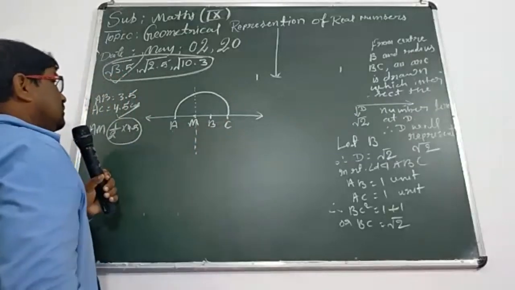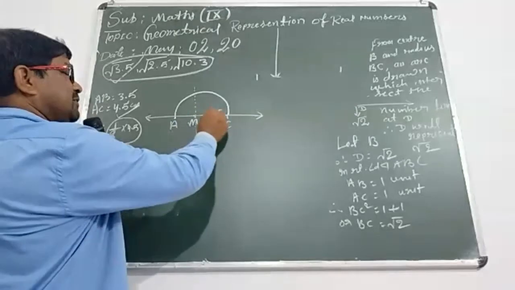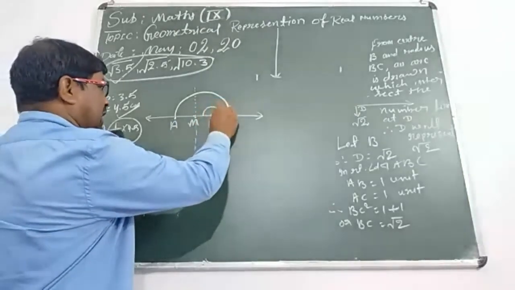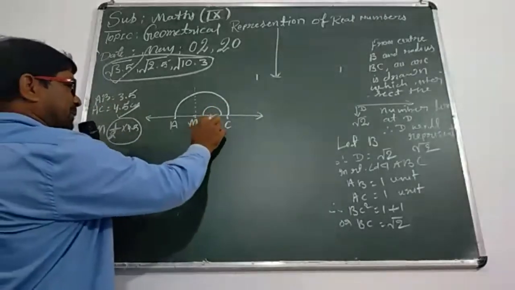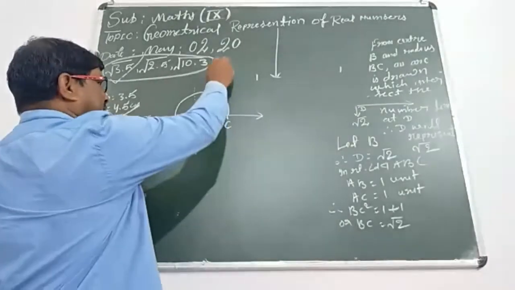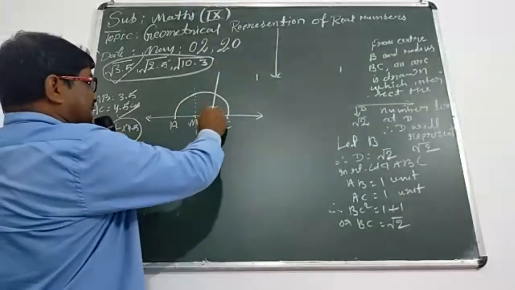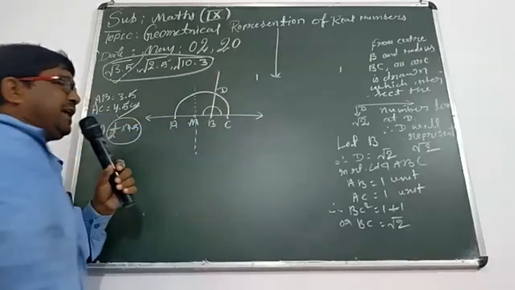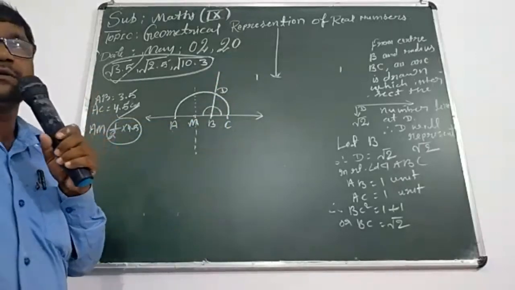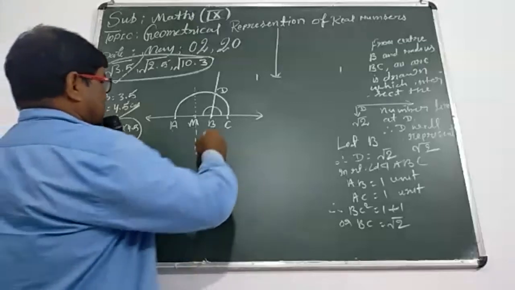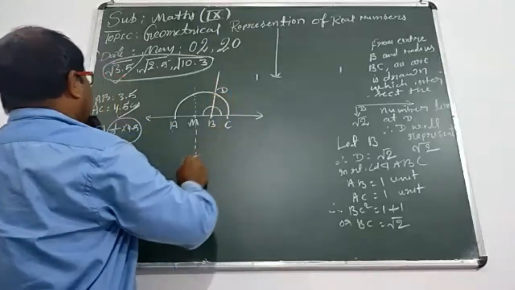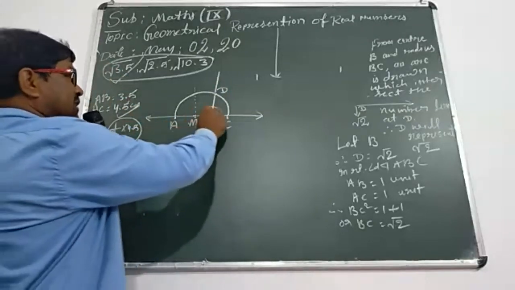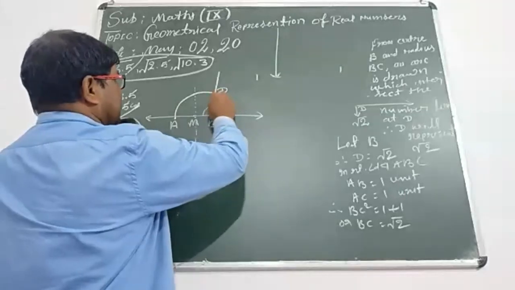Understood now? Okay, now student, from B we will draw a perpendicular that will intersect the semicircle at a point. Suppose that this point will be D. Okay, the length of BD is now under root 3.5.